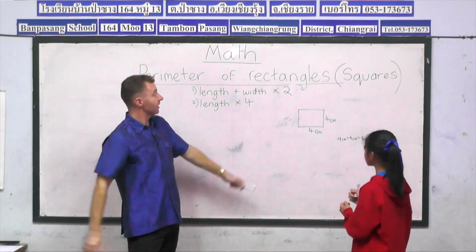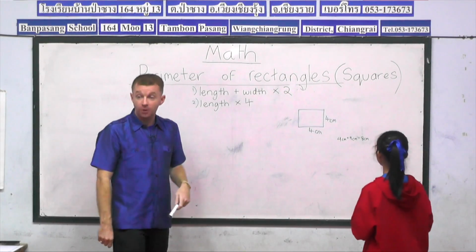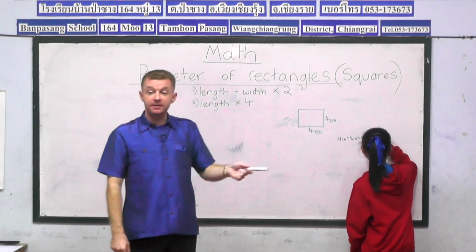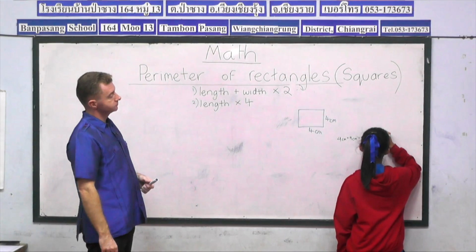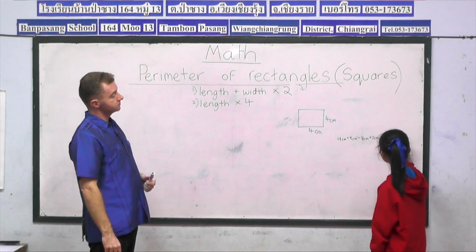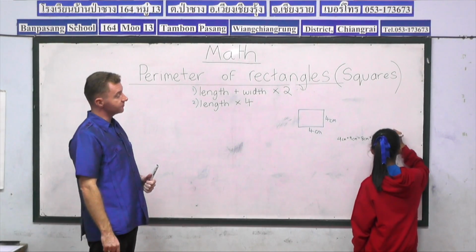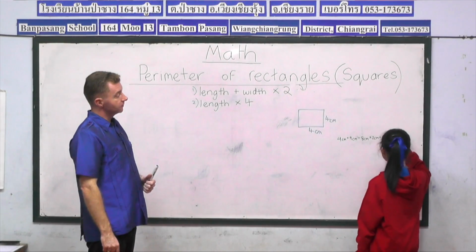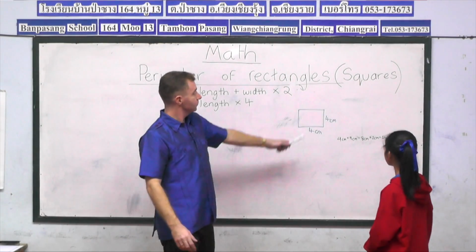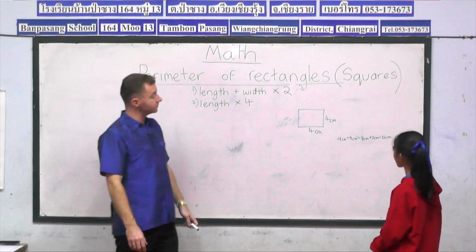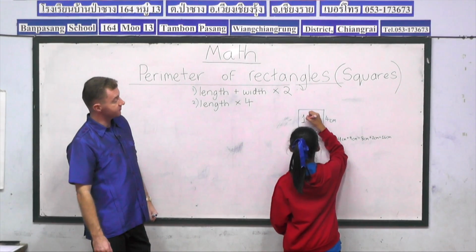Excellent, Dan. And then what do we need to do? Times it by 2. So 8 centimeters times 2 equals 16. 16 centimeters. Perfect. Dan's worked out the perimeter of our square. So can you write the answer inside the square, please, Dan? 16 centimeters.